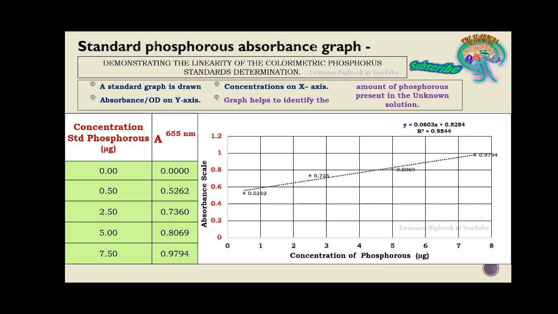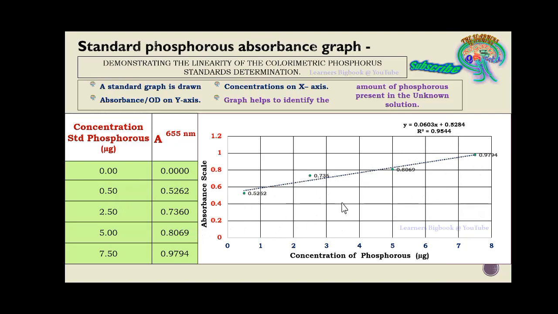Now further, in the next slide you can see this particular graph will be drawn to understand how well the standard phosphorus has reacted with the ammonium molybdate color reagent, or the dye, and how it is nearly correlated, where R is 0.9544, which has shown a perfect linear regression line.